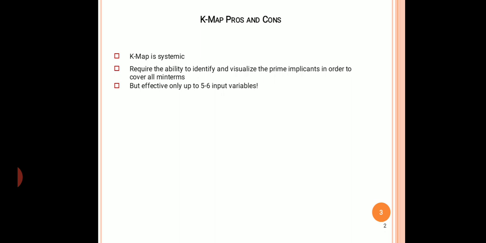How to simplify an expression using a 5 variable K-map and the introduction of the 6 variable K-map, these two topics we have covered in one of our previous video lectures. So in this lecture we will talk about the other method of reduction of the Boolean expression, that is the Quine-McCluskey method. So let's start with that.